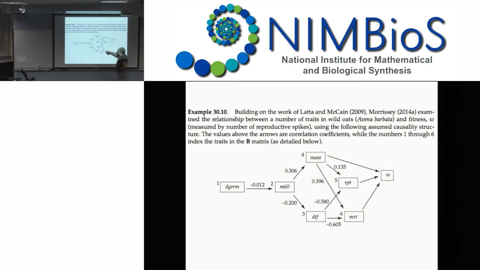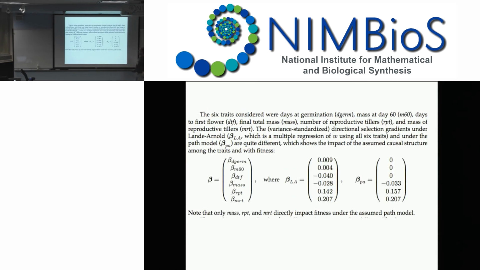It says the correlation between mass at day 60 and date of flowering is minus 0.2. These are standard path analysis coefficients. Path analysis is a partial regression: I standardize the variables and do a regression. That's exactly where it comes from. So that's Morrissey's extended gradient.